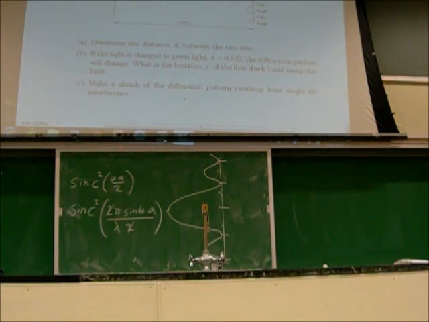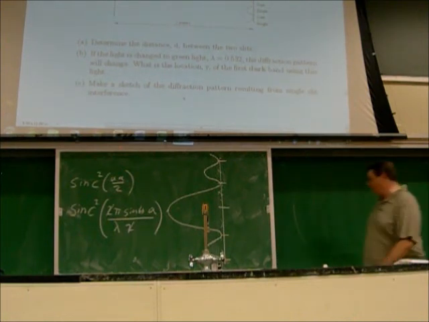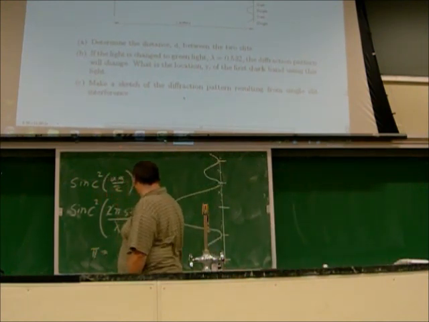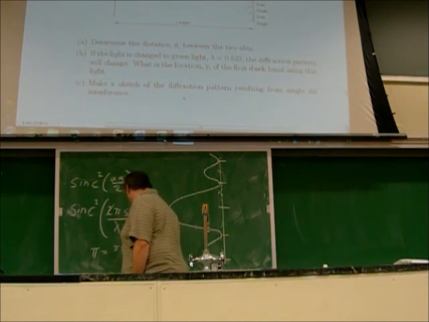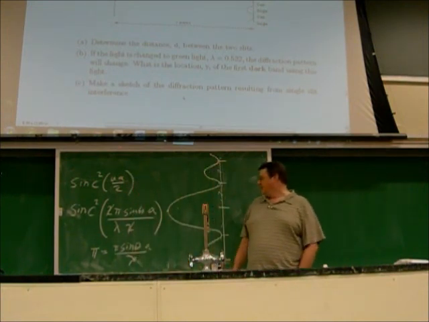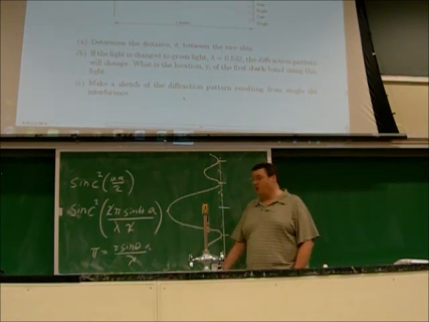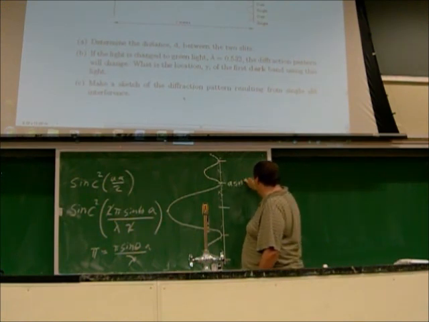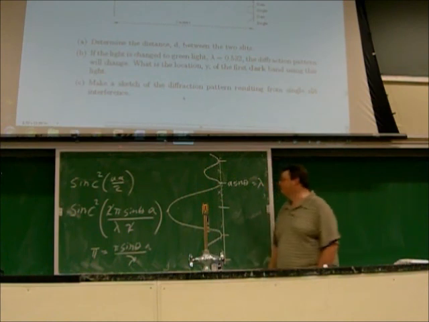So when the stuff in the middle is pi, that's where your first 0 is. Agreed? So what happens to the pi's? They cancel, bring the lambda over to the side, and this location is A sine theta equals lambda.